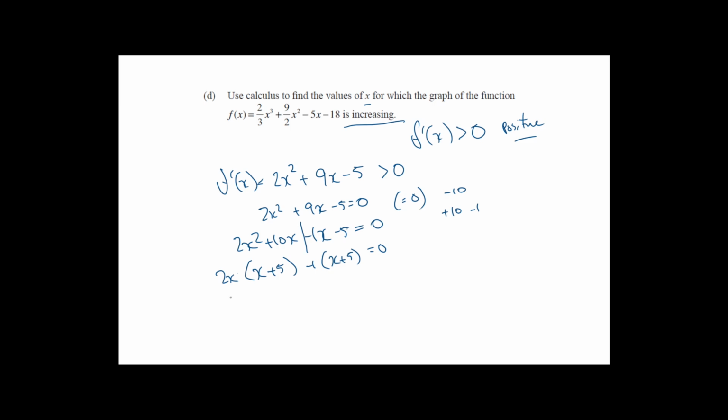So collect the terms inside and outside, 2x minus 1 and x plus 5 equals 0. See why your algebra is so important. So I'm going to set both of these equal to 0. So 2x minus 1 equals 0, so add 1 to both sides, so x must be half. And x plus 5 equals 0, x would have to be negative 5.